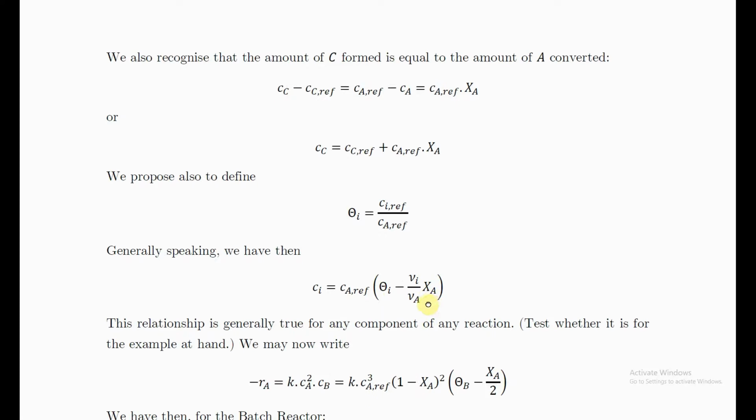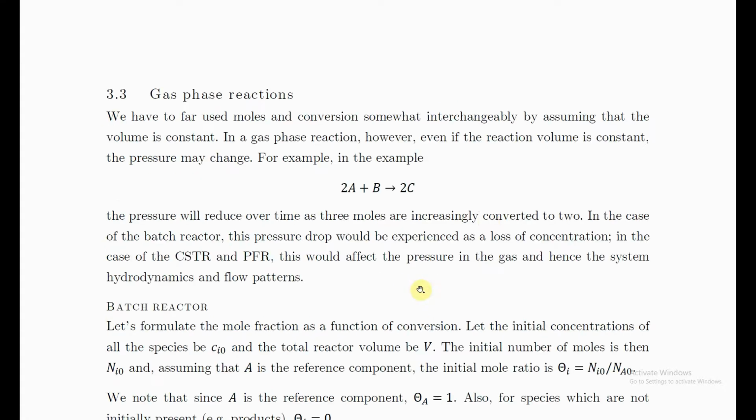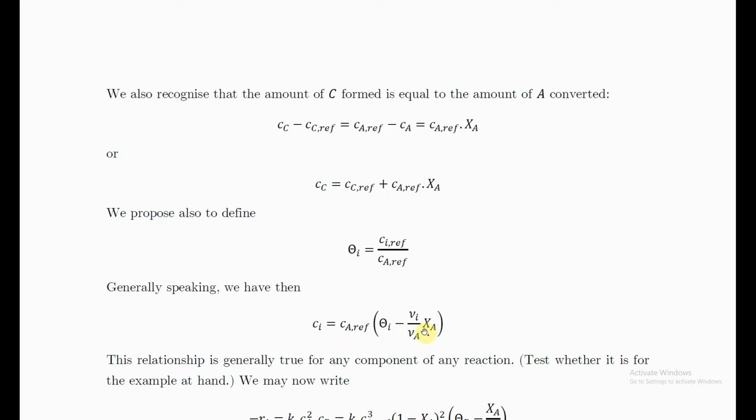And then we can think about the second term as well. So if we're talking about CC, so we found here CC equals CA ref XA. And if you substitute here the stoichiometric coefficients, nu C equals plus 2, and nu A equals minus 2.